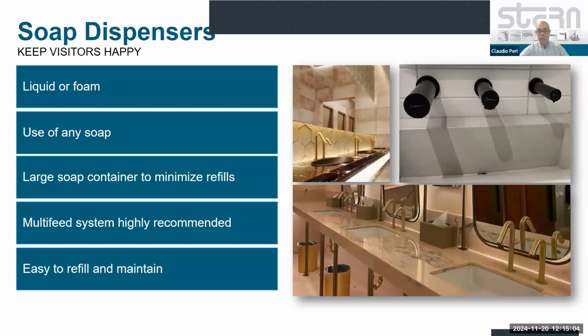This is the multi-feed system that we can highly recommend for this type of application. And of course, there is the possibility of refilling the soap from the countertop, for example, or with dedicated soap dispensers, which have an integrated soap level indicator, where maintenance personnel can easily see when they need to refill the soap.